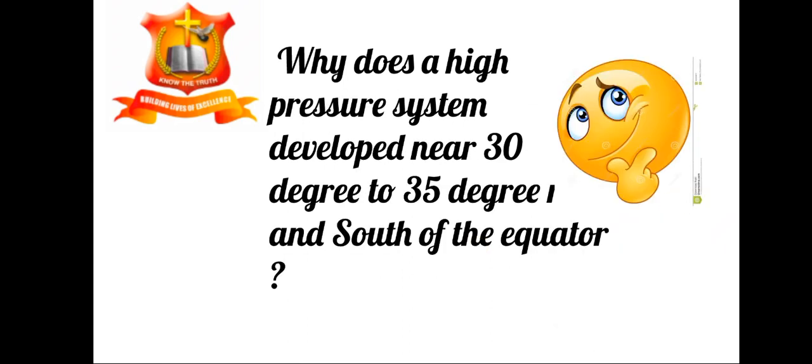Now, why does a high pressure system develop near 30° to 35° north and south of the equator? So the warm air from the equatorial belt rises up and moves towards the north and south poles. Near the 30° to 35° north and south latitudes, this air cools at higher altitudes and sinks. This creates a high pressure system.